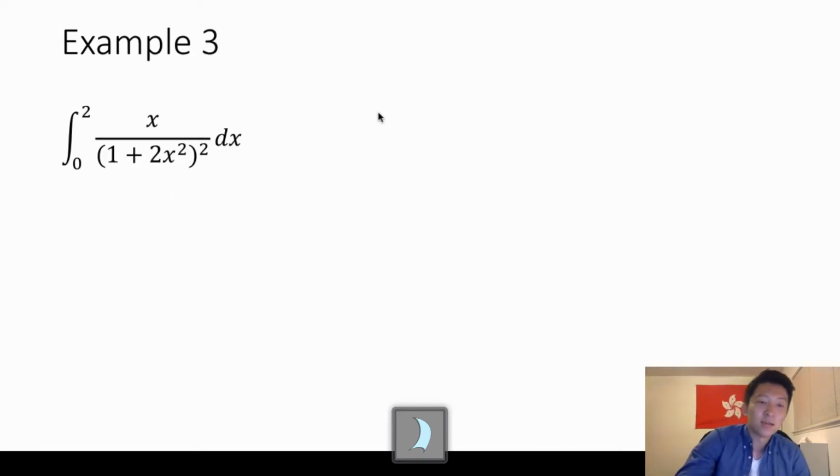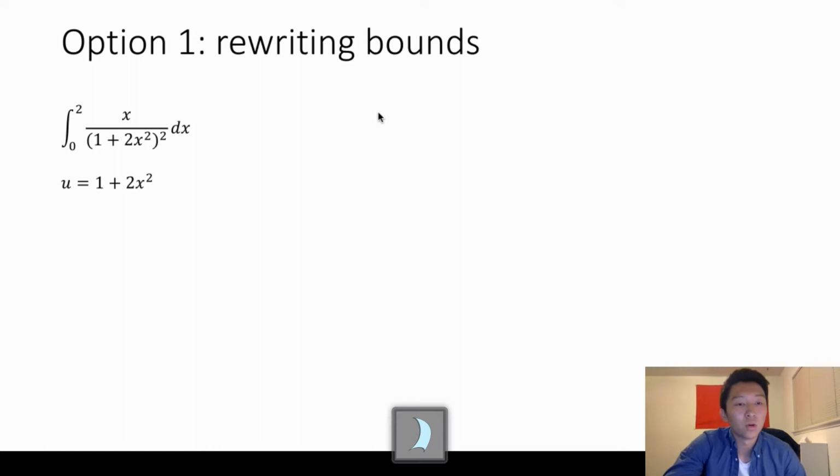So let's say we're trying to integrate this definite integral from 0 to 2 of x over (1 plus 2x squared), all squared, dx. Here, option number 1 is to rewrite the bounds. But no matter which option you choose, you start out the same way.